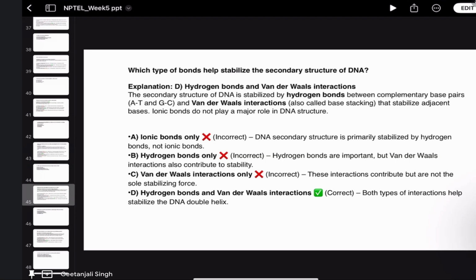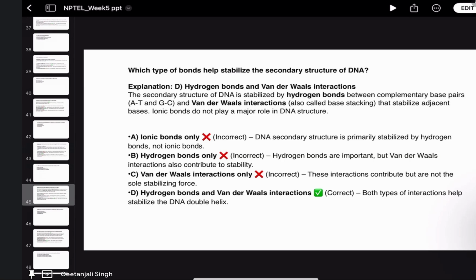You see their bicyclic and monocyclic structure. There is pi-pi interaction and they stack upon each other. That's pi-pi stacking that makes the secondary structure even more stable. So ionic bonds, no, DNA is primarily stabilized by hydrogen bonds, not ionic bonds. Hydrogen bond only?